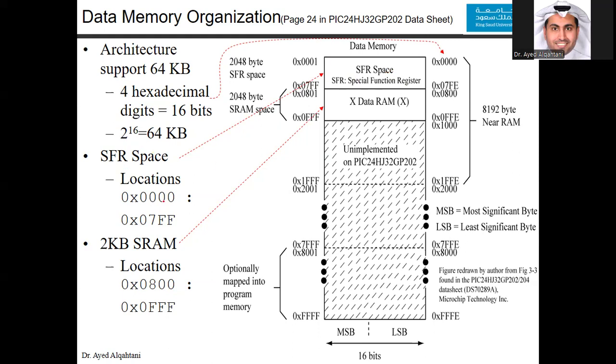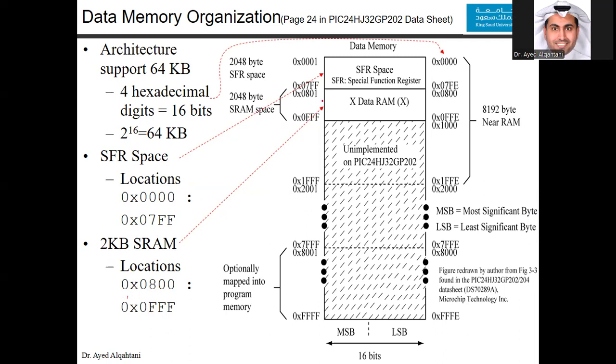It starts from 0000 all the way to FF70. Right after that, we have the 2 kilobytes that we mentioned in the beginning of the lecture in the summarized table. So it has a 2 kilobyte RAM starting from location 0x0080 all the way to 0x0FFF.